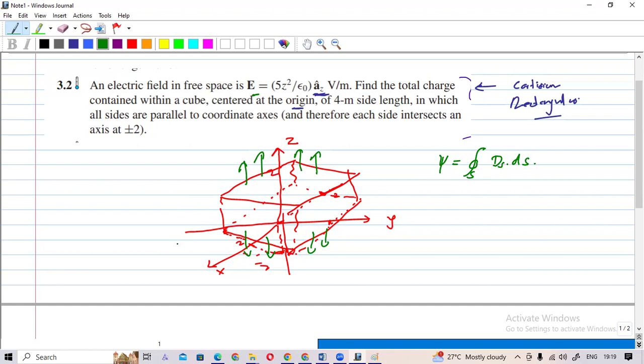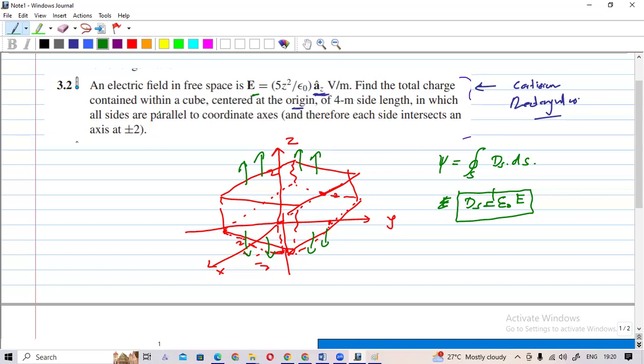And also we know the relationship D is equal to epsilon E, so we have to apply this relationship also.